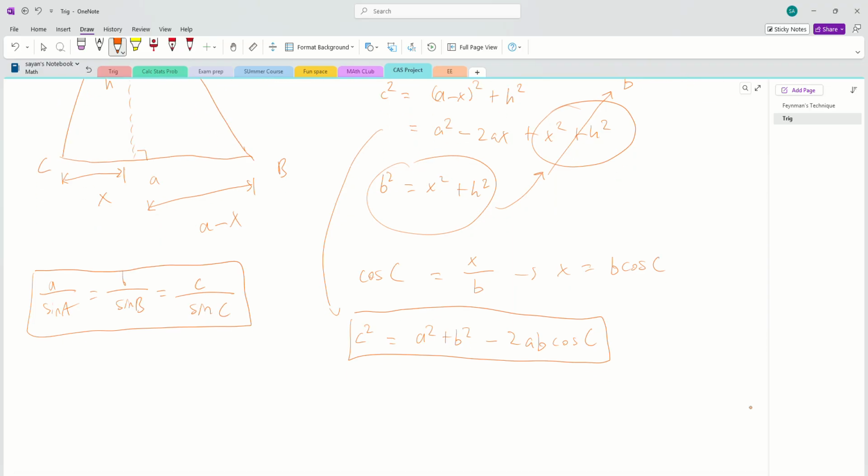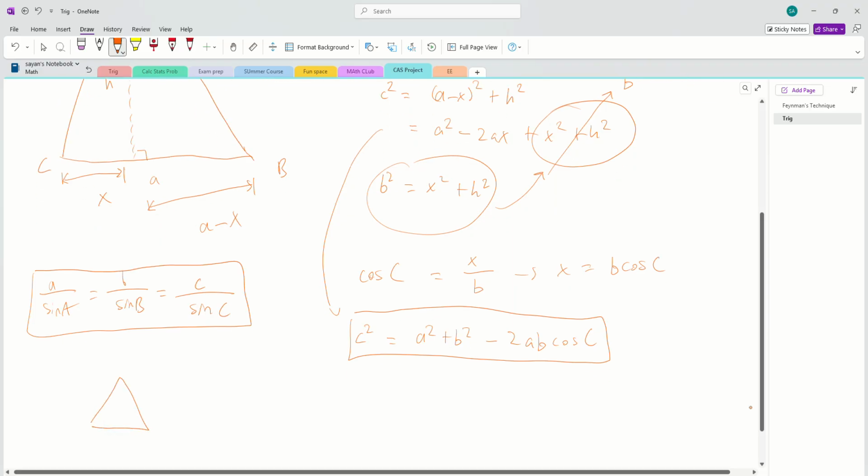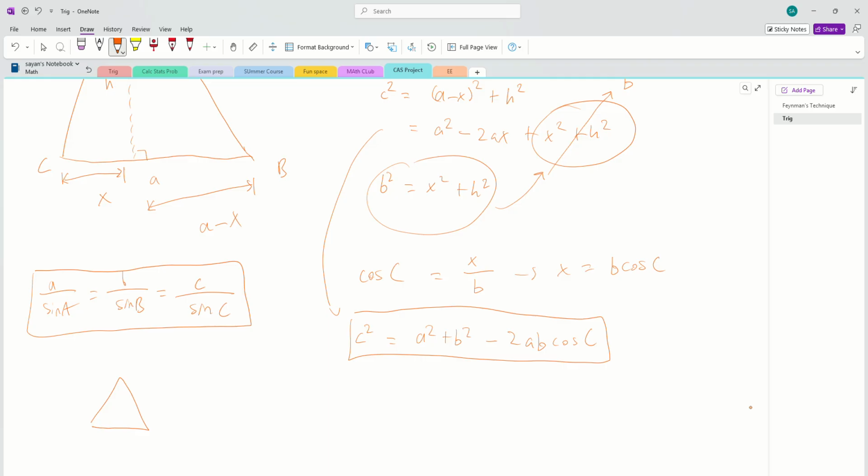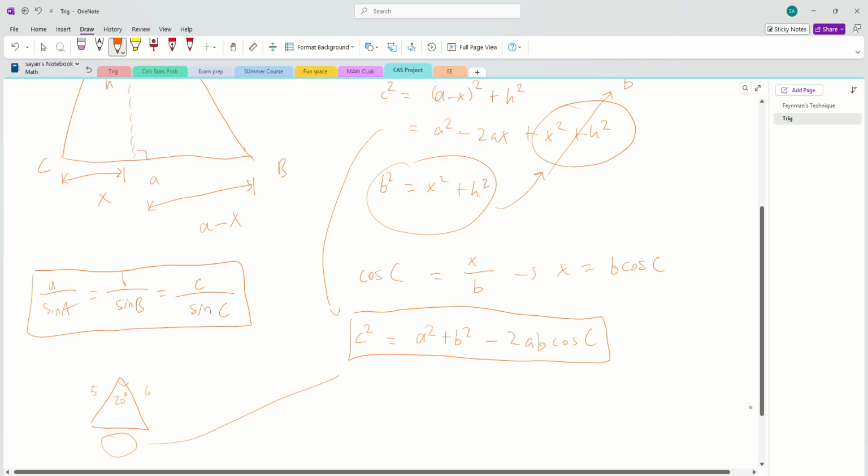Like for example, let's say this is 5 and this is 6 and I knew this angle was 20 degrees, then I could find this by using that.